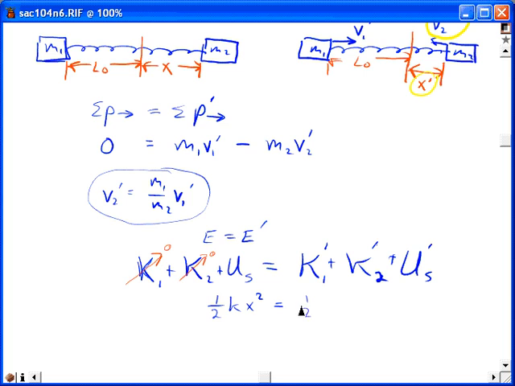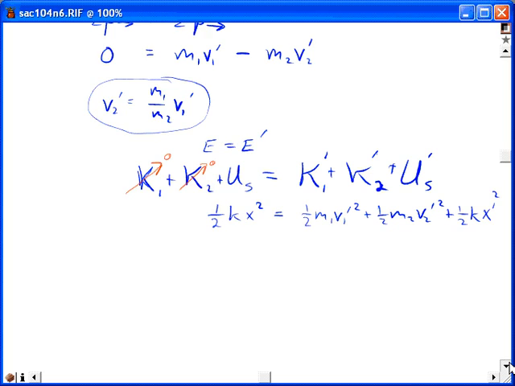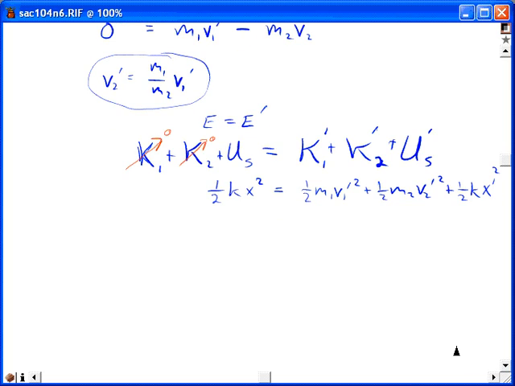So we've got 1/2 m1 v1 prime squared, the kinetic energy of block 1, plus 1/2 m2 v2 prime squared for block 2, plus the 1/2 k x prime squared for the spring potential energy in the after picture.